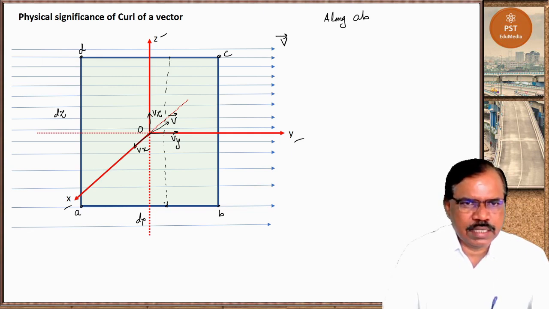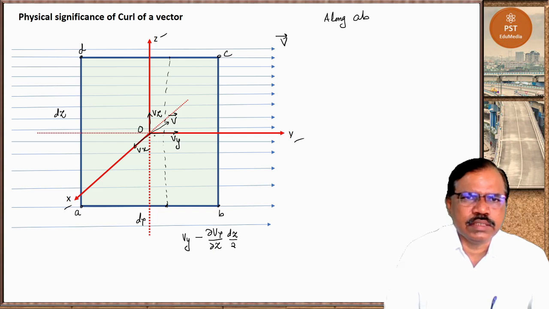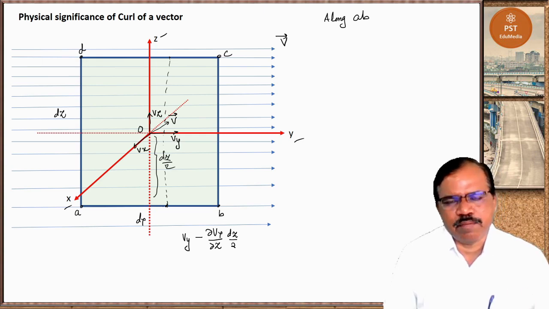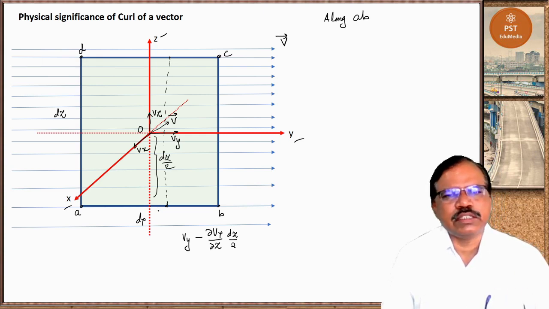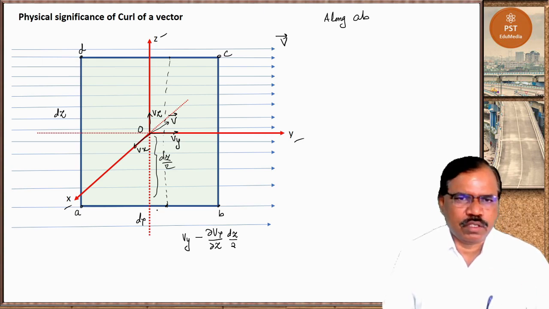We are going along the z-axis, so at this point we can take the component of the vector field along the y-axis as Vy minus ∂Vy by ∂z into dz by 2. dz by 2 is this distance, and ∂Vy by ∂z is the space rate of change of the y component of the vector field along AB.